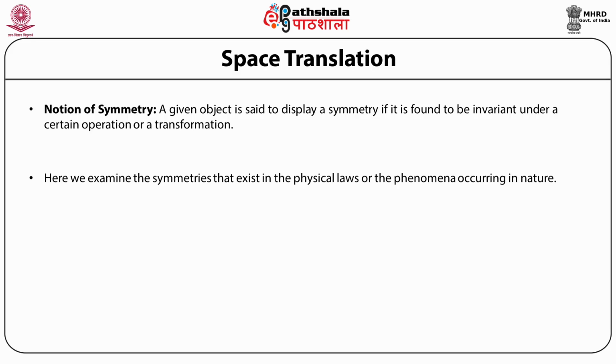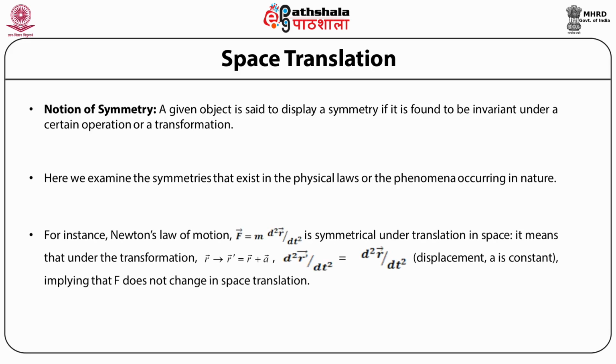So, for example, if we take Newton's laws of motion, then the equation, force is equal to mass times the acceleration, that is the double derivative of the position vector with respect to time, is symmetrical under the translation in space.